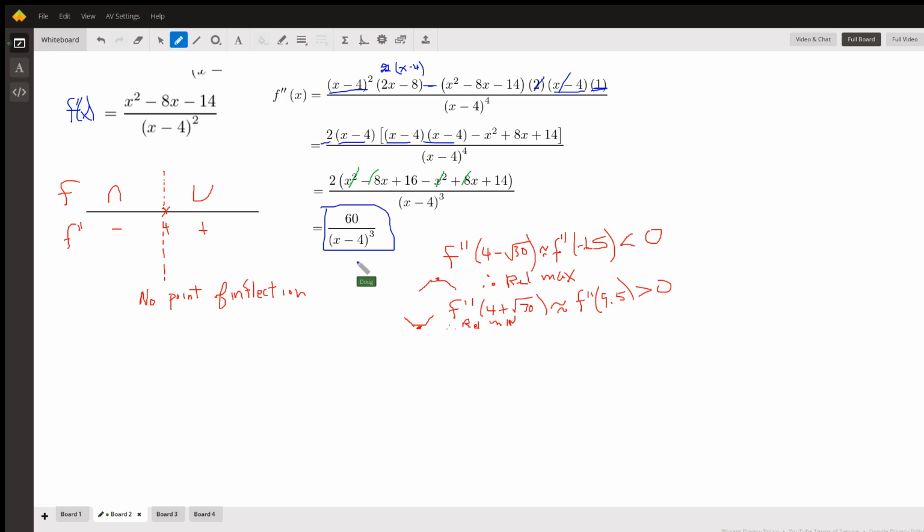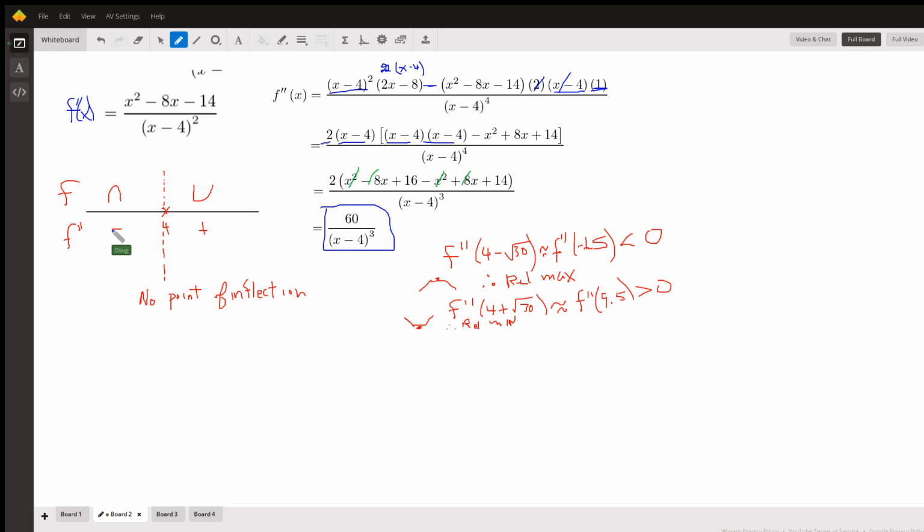So this second derivative is never equal to 0. It's undefined at x equals 4. That's that vertical asymptote again. So to the left of 4, this denominator will become negative, like if I put a 3 in here.